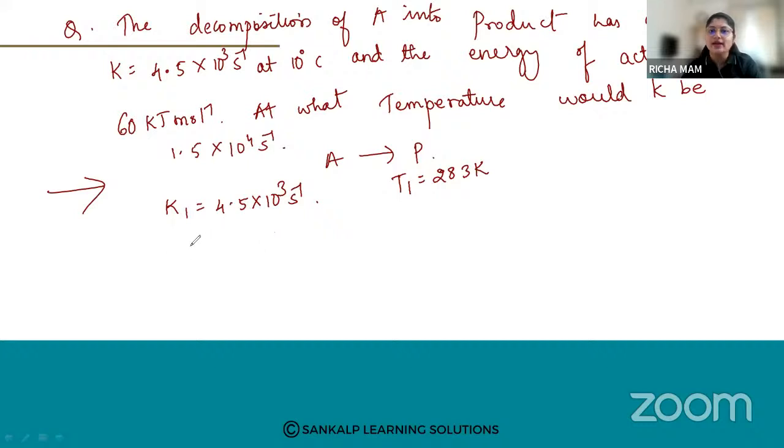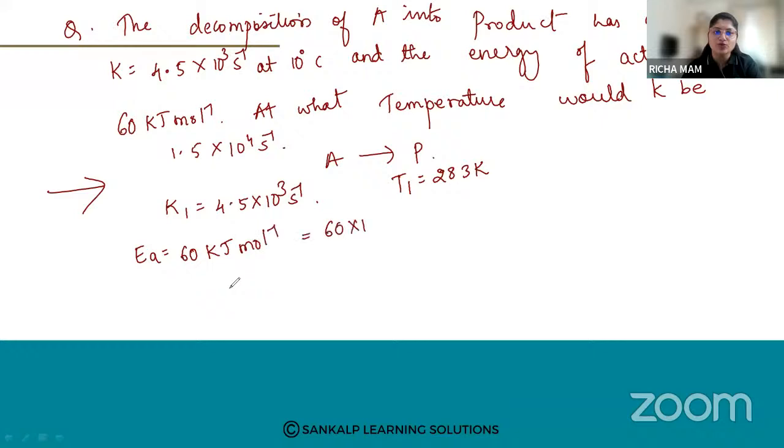Then the energy of activation is given. Energy of activation EA is equal to 60 kilojoules per mole, which means 60 into 10 raised to 3 joules. Consider this.